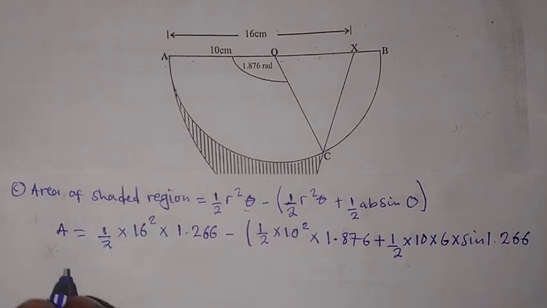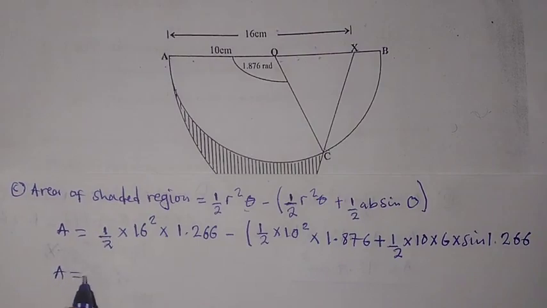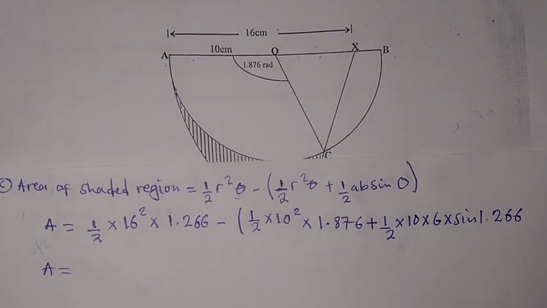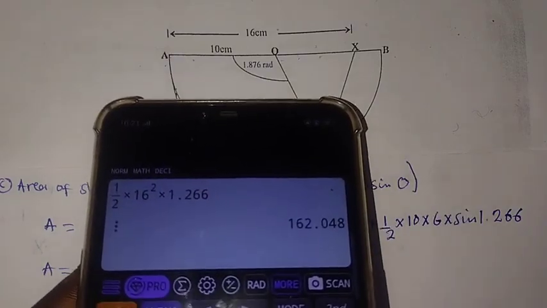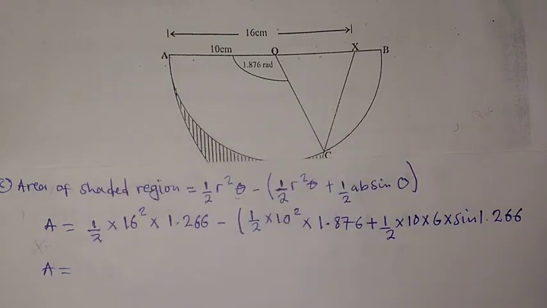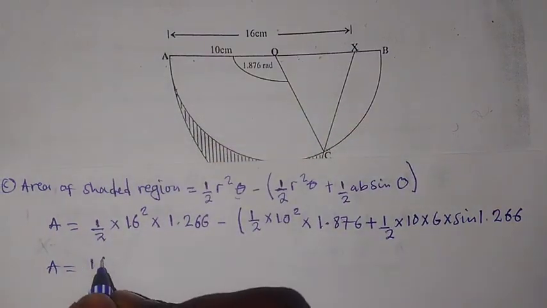From here, area equal to, I can punch these on the calculator. When we punch the first one, this is what we are getting, 162.048.